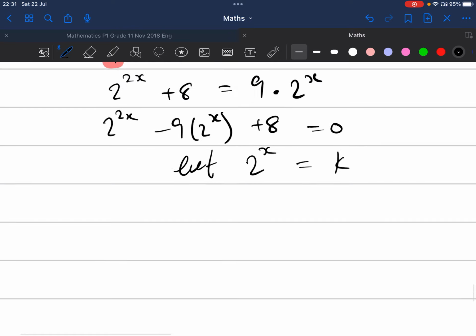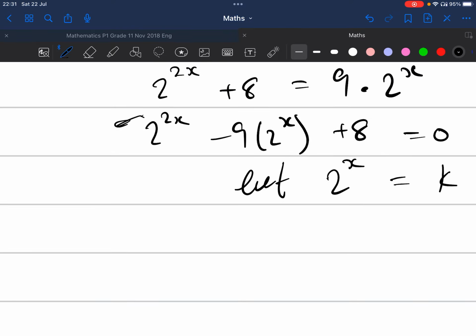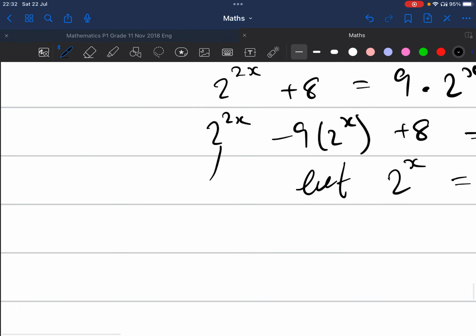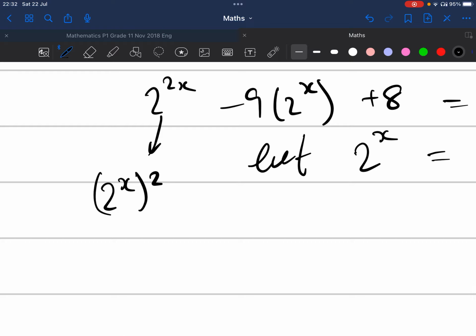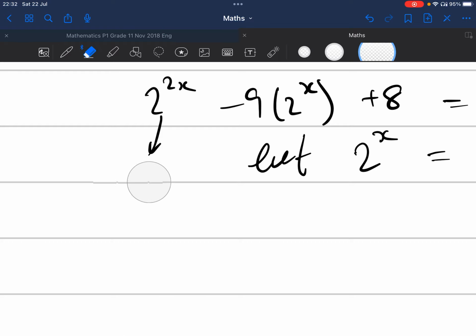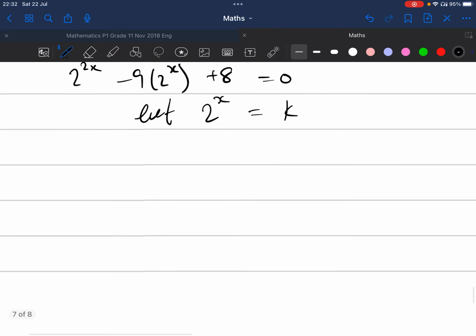The reason we're doing that is because remember this here can be written as 2 to the power of x times 2 to the power of x, right? So it's basically 2 to the x squared. So just keep that in mind. If we're setting 2 to the x as k, this will now become k squared, right? Because remember I said this can be written as 2 to the x squared. And then this will become minus 9k plus 8 equals 0.